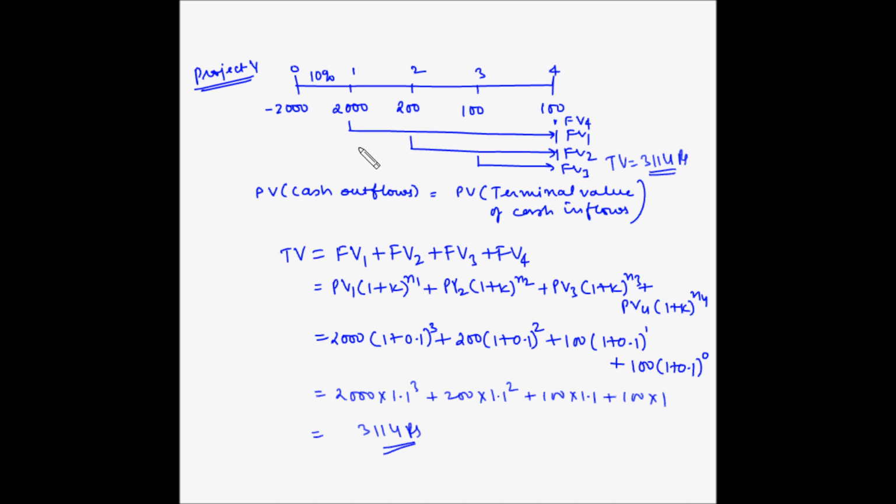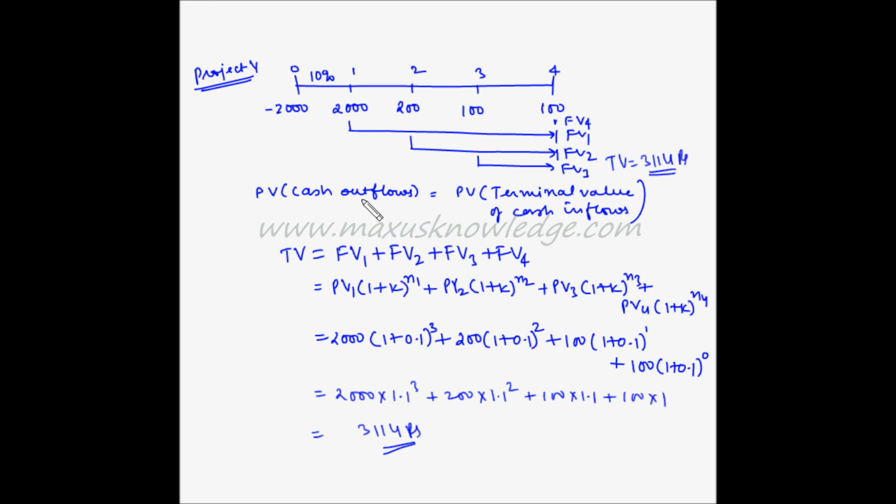I want to point out one thing, that in this example, we only have one cash outflow, which is at the beginning, at the present value. However, let's say you had a cash outflow at the end of the second year.